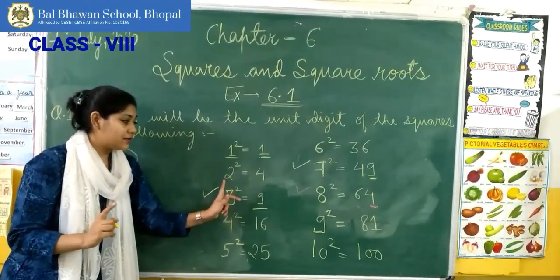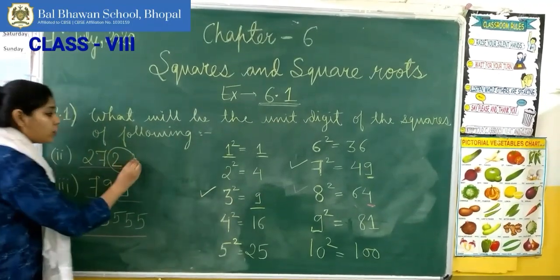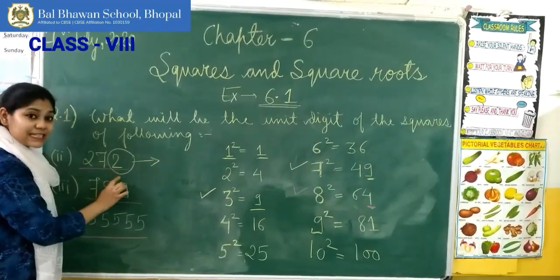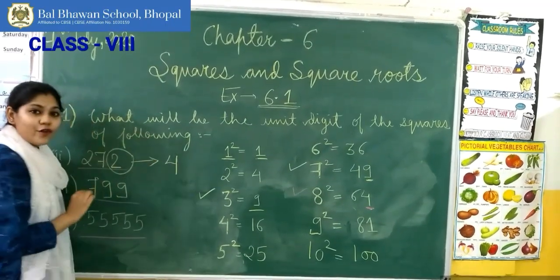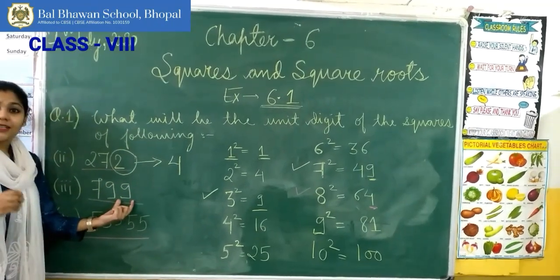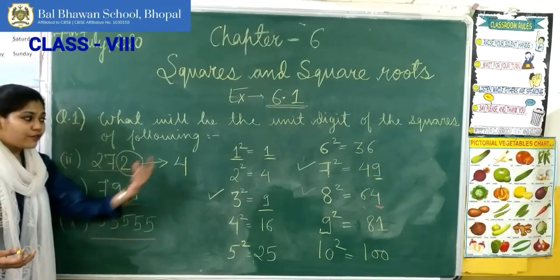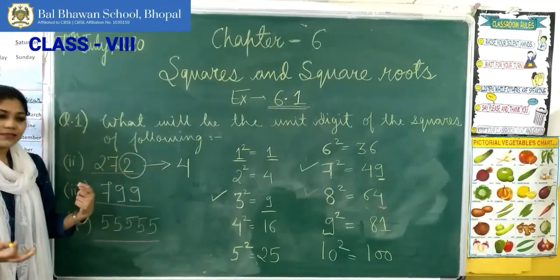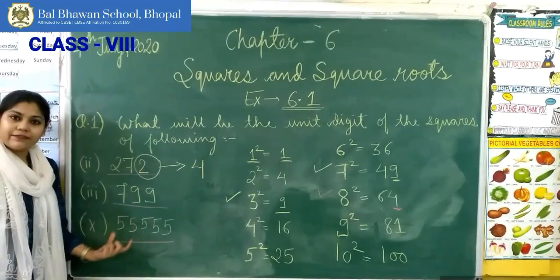So the unit digit of the square of 2 is 4. Therefore, the unit digit of the square of this number will also be 4. So 4 is your answer. So using the unit digit of the square of this unit digit, we can answer what can be the ending digit or unit digit of the given number.